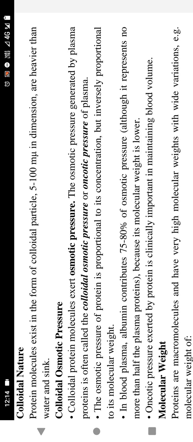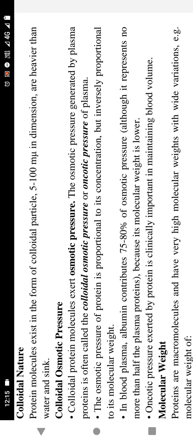The osmotic pressure of protein is proportional to its concentration, that is, relative to its concentration, but inversely proportional to its molecular weight.